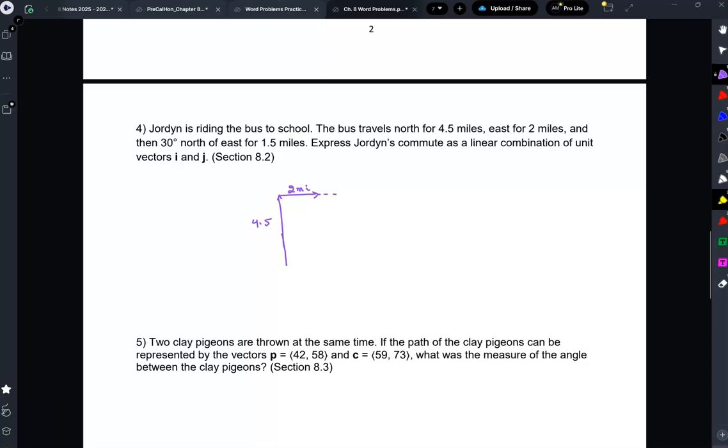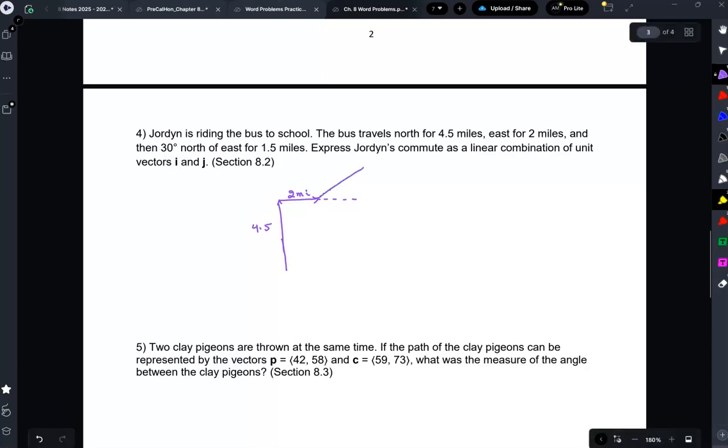So if this is the horizontal, 30 degrees north of east, that's this way, for 1.5 miles, so just a little bit. Express Jordan's commute as a linear combination of unit vectors i and j. So basically, that's what we want.